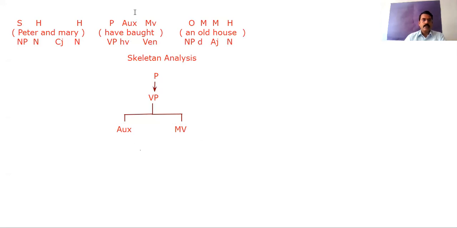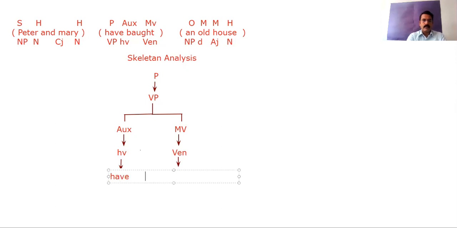So for auxiliary, we have to draw arrows once again. One arrow for auxiliary and one for main verb. Fine. Auxiliary is form of to have, and main verb is VEN. Fine. Once again we have to draw arrows, one for have, one for VEN, and then we have to write the elements.